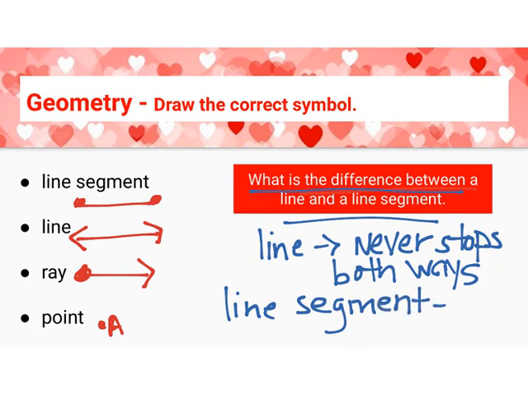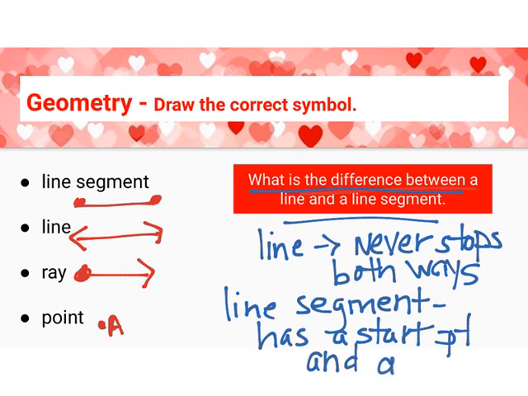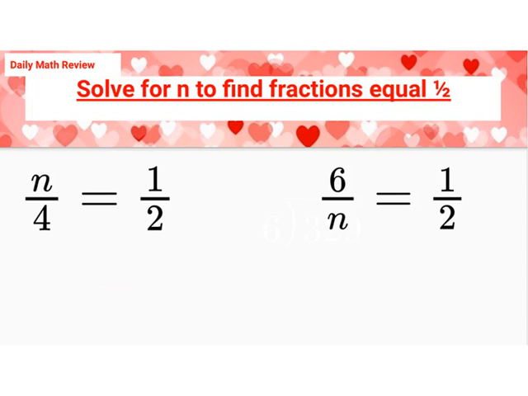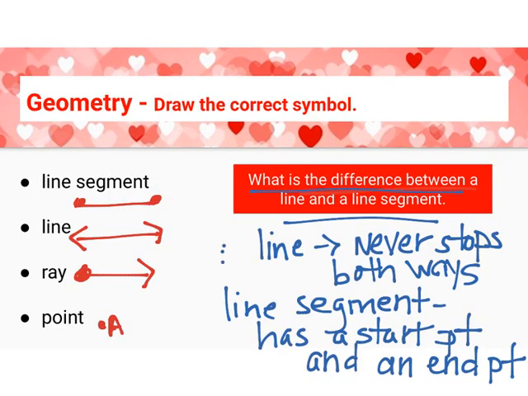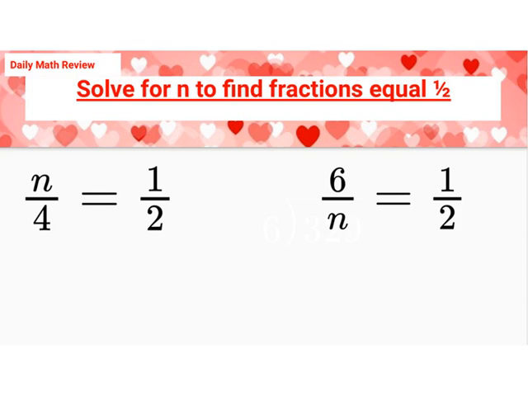A line segment has a start point and an end point. There we go. Okay, make sure you do that. All right, and when I say make sure you do that, if you didn't write this down, write it down, because you're going to have to know it.